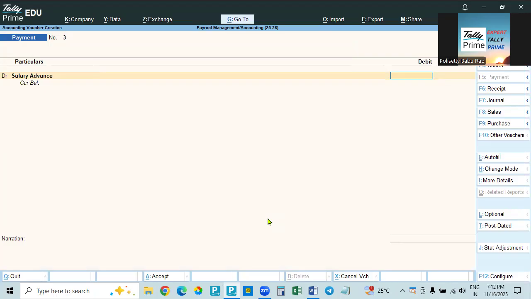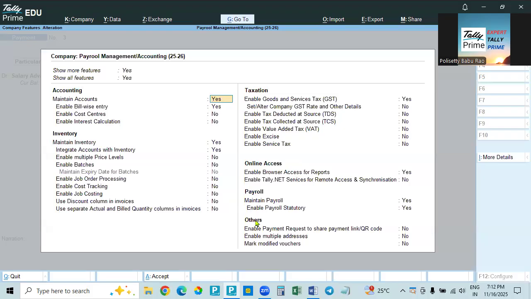Like here, if you take F11, the employee is called the cost center and the office is called the cost category. In this case, for cost center, you have to make it yes, that is, we have to enable the cost center.